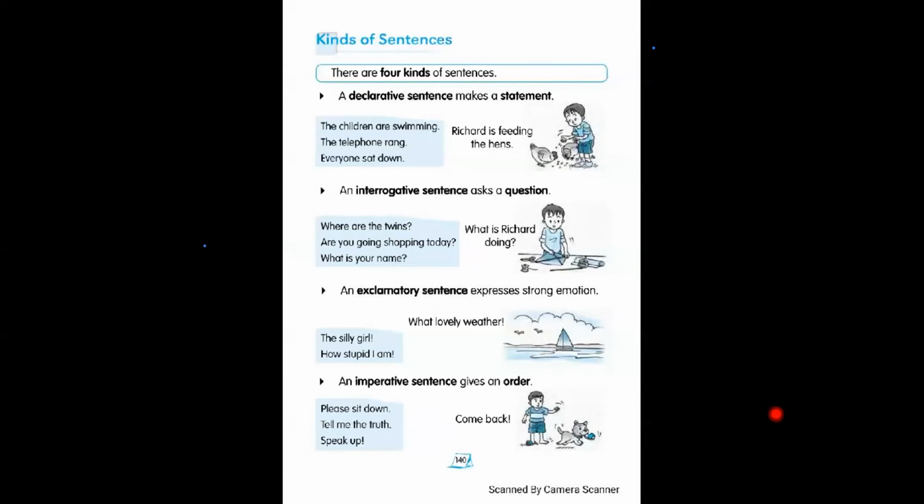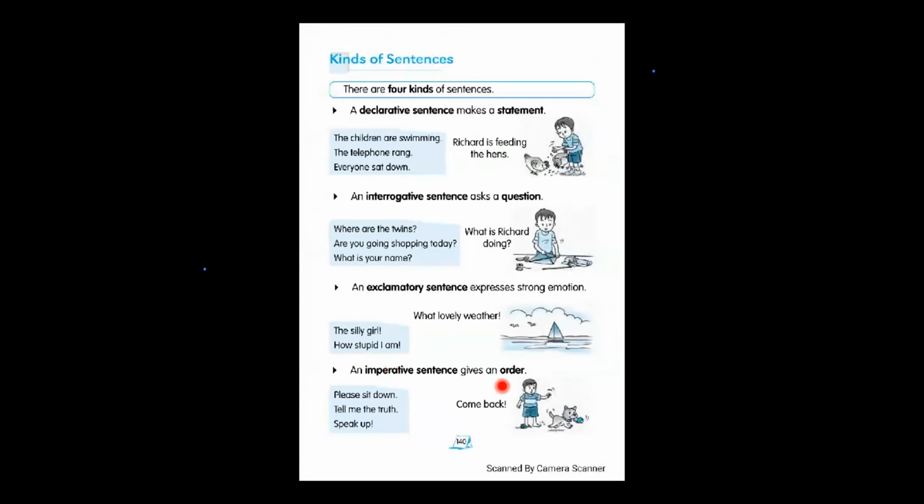Now next, imperative sentences. What does the imperative sentence express? Order. Yes. When you're giving an order, आप किसी को order दे रहे. Come here. Don't go there. Sit down. So these are nothing but imperative sentences.